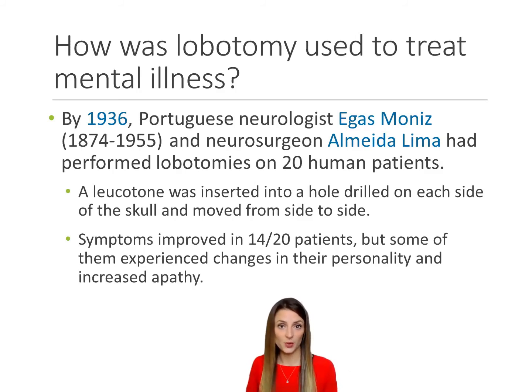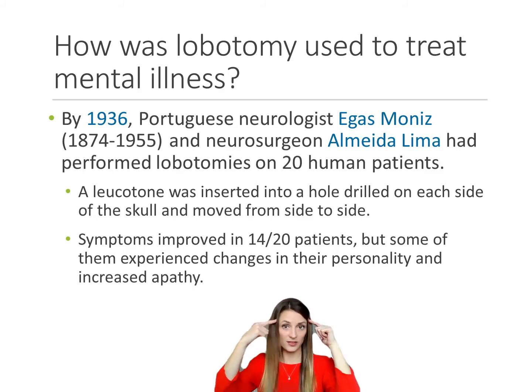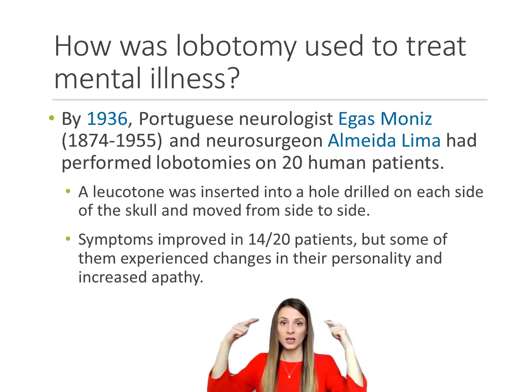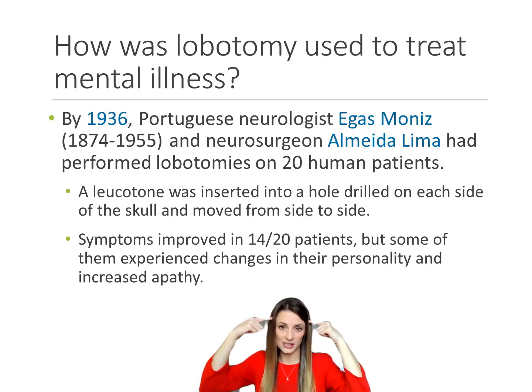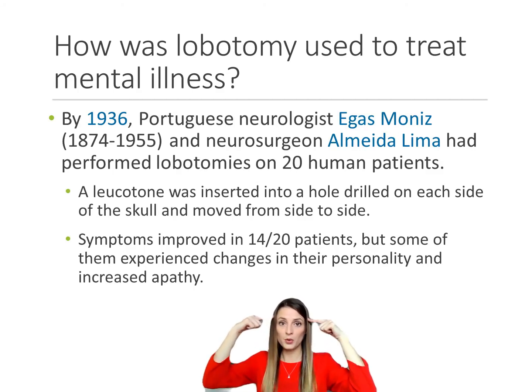The first step was to drill 2 holes, one on each side of the head, about right here. Insert the Lacone, which looks a lot like a scalpel, and then move the Lacone back and forth to sever some of the brain tissue.